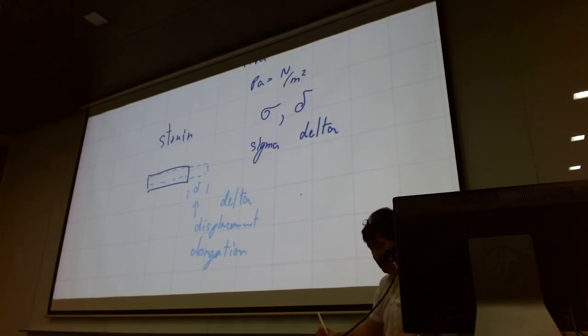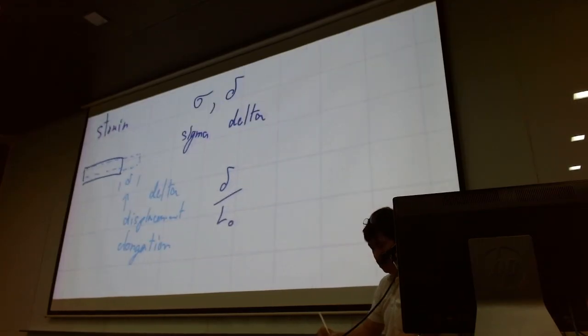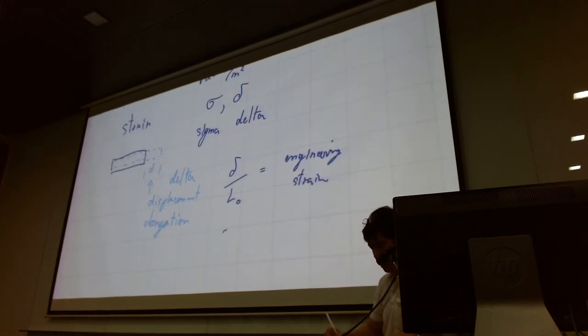The delta itself, if you divide that by initial length, this is what we call engineering strain. We also have instantaneous length. This is what we call true strains. And we don't do the calculation for those neither.